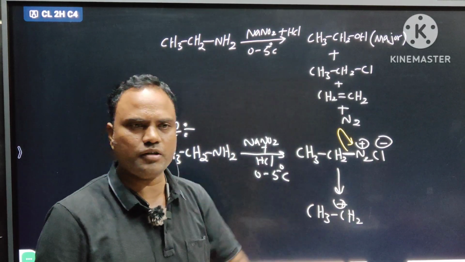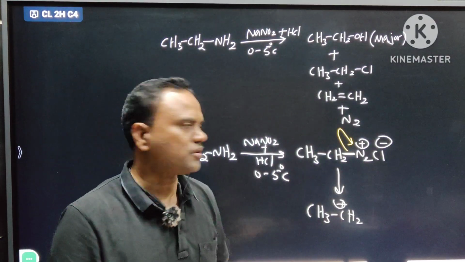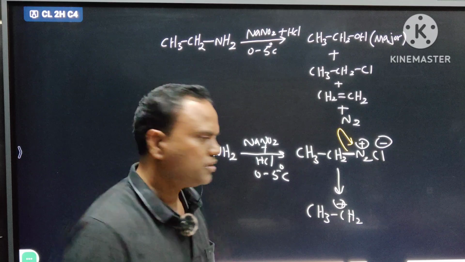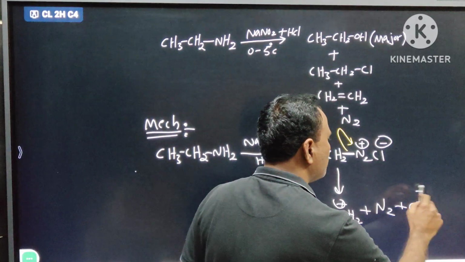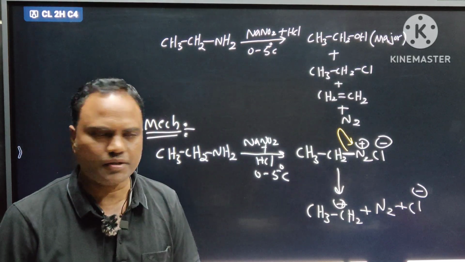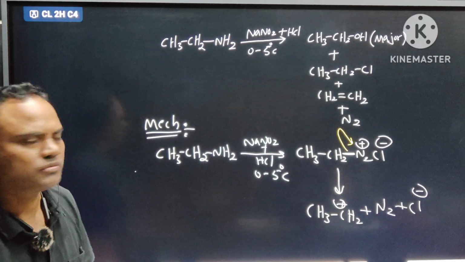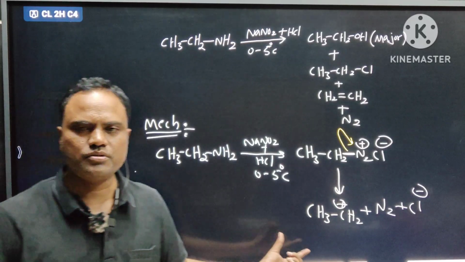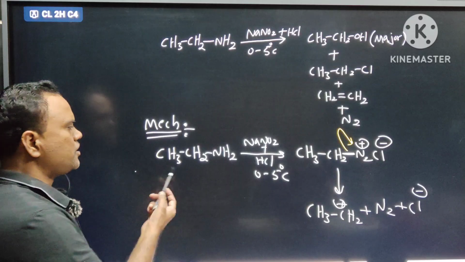So nitrogen will be eliminated and this carbon will get a positive charge, because carbon is losing the bond. N2 and Cl- will separate. The colorless gas is nitrogen. Clear up to this? Okay, everyone. Let us consider it as step 1.